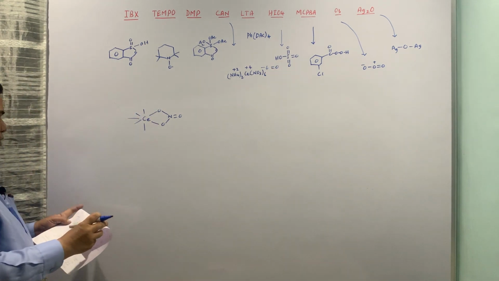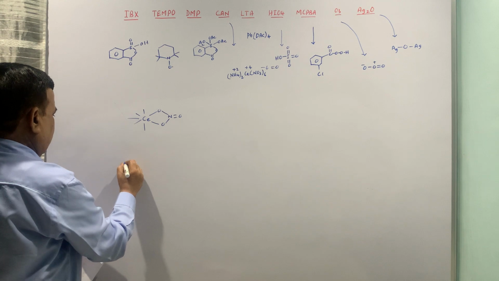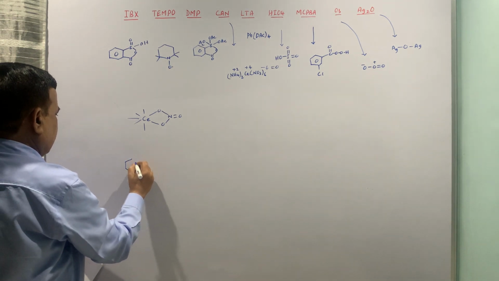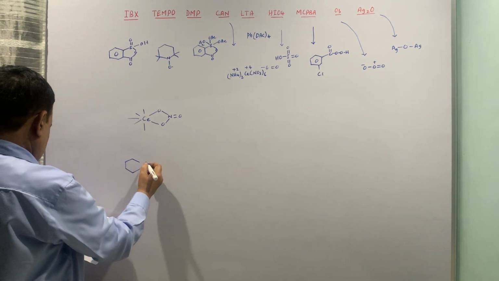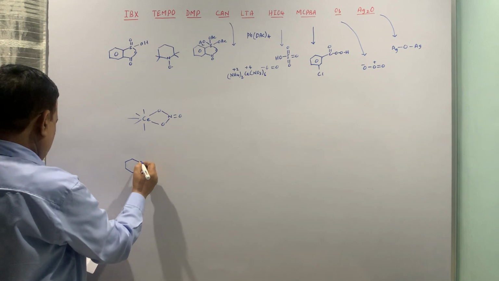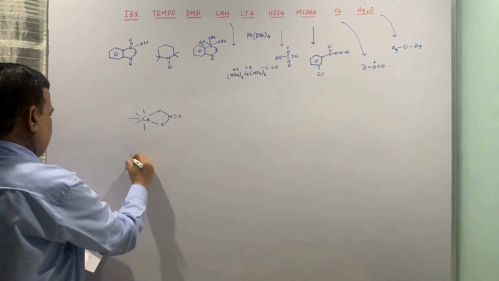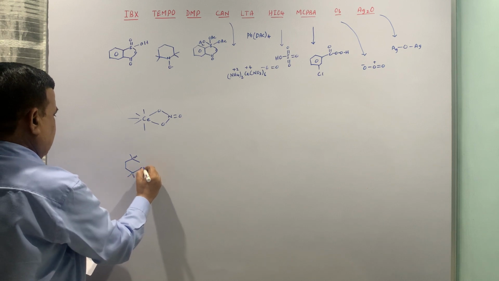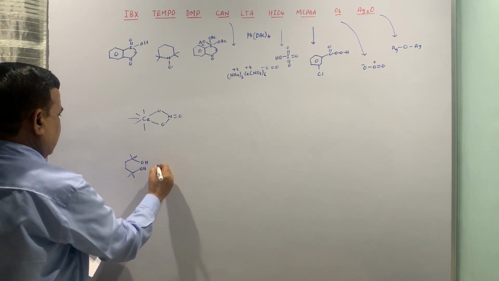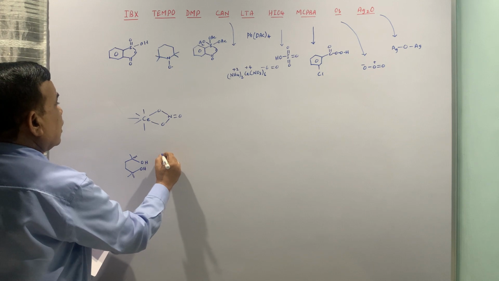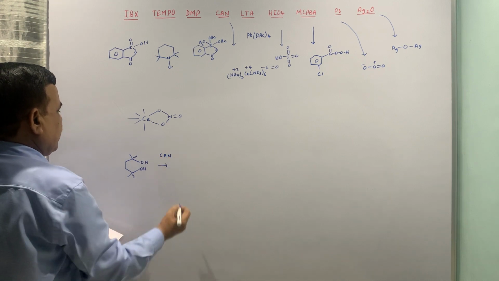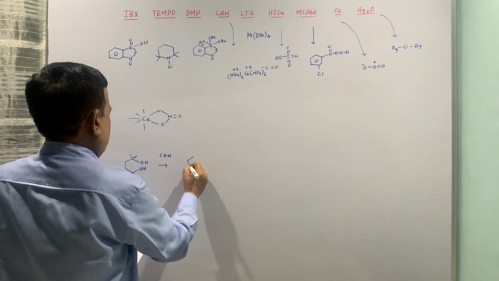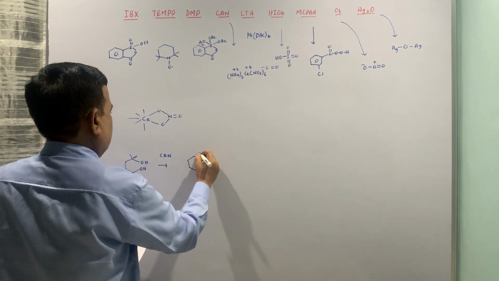So when this is used for the oxidation purpose, one compound we are taking. So this diol is treated with CAN, this is the abbreviation. What will you get?